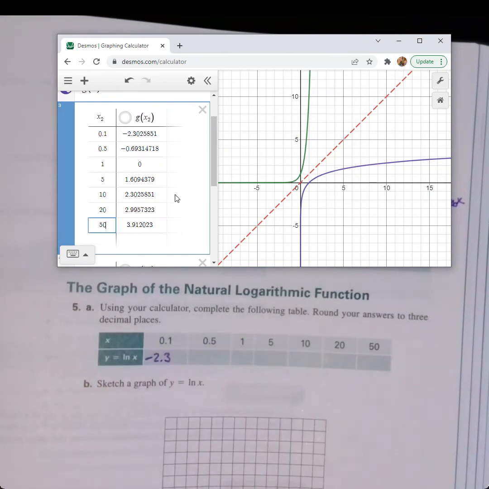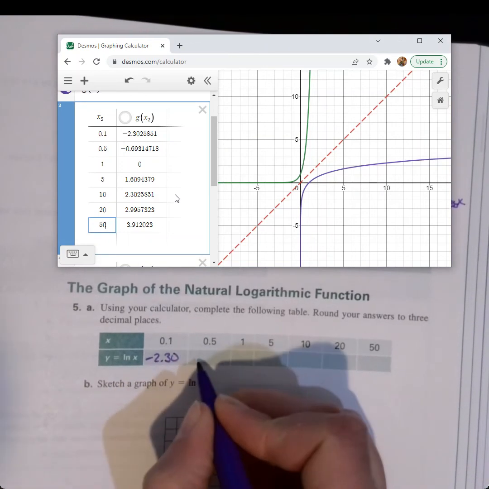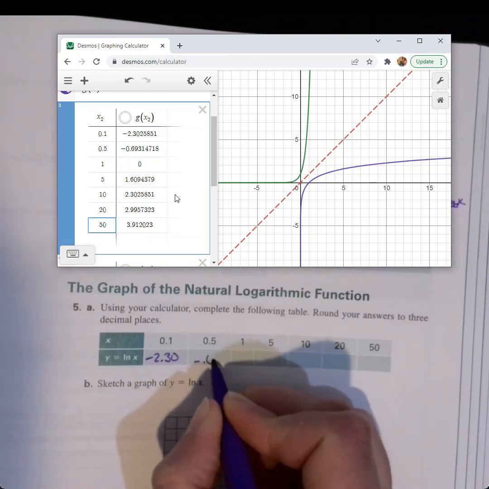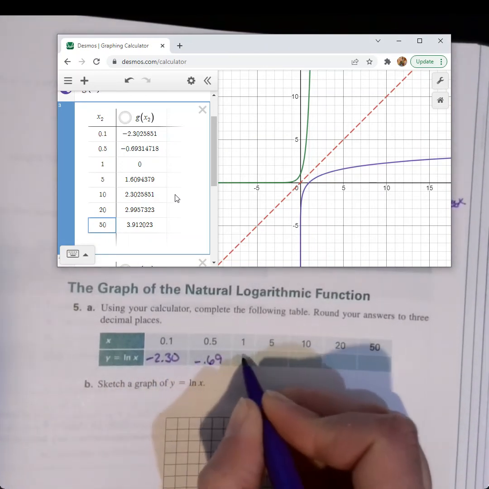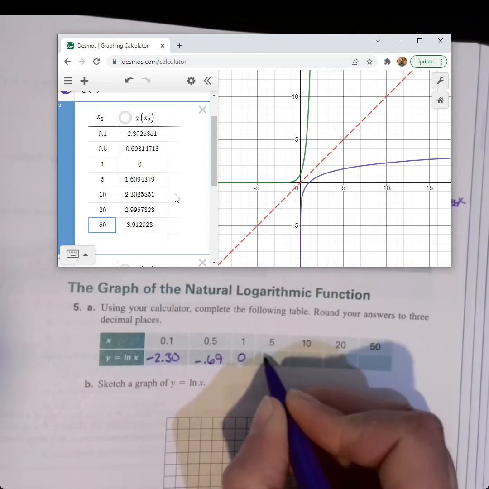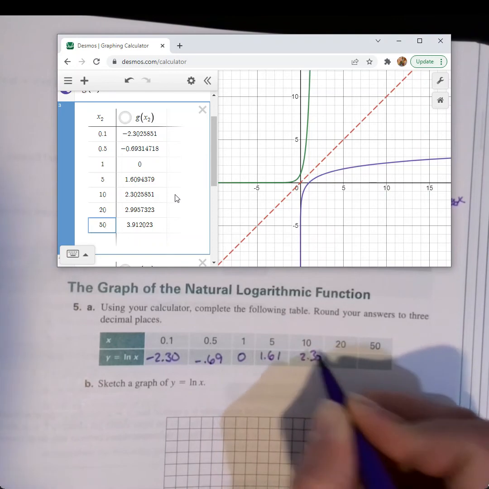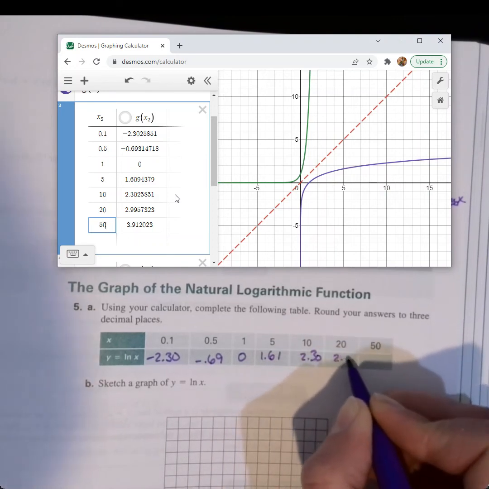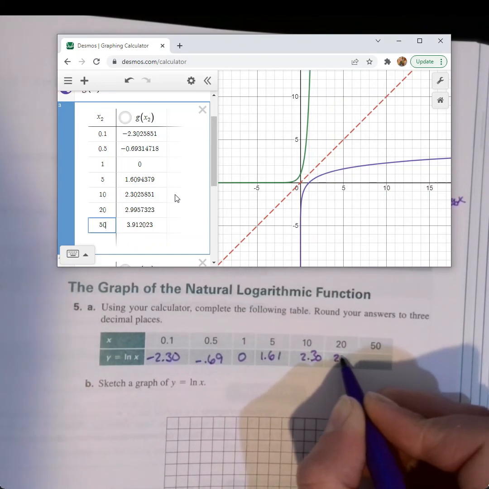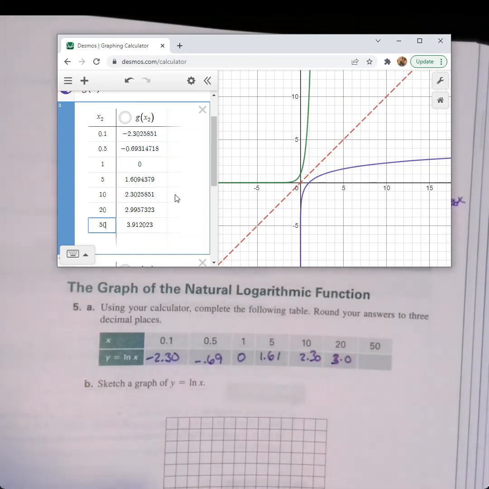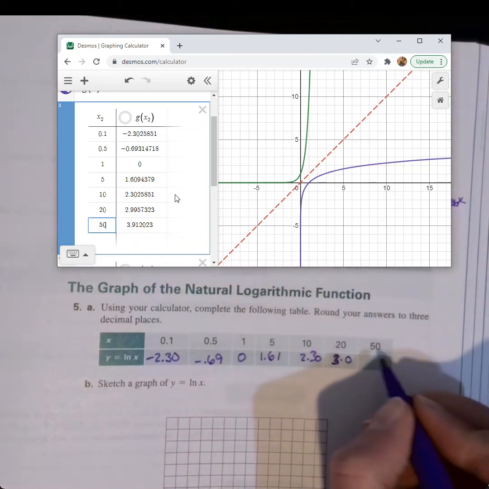So negative 2.30, negative 0.69, 0, 1.61, 2.30, and actually, it's 3.0. If I round it to two places like I have been, it would be 3.00. And then 3.91.